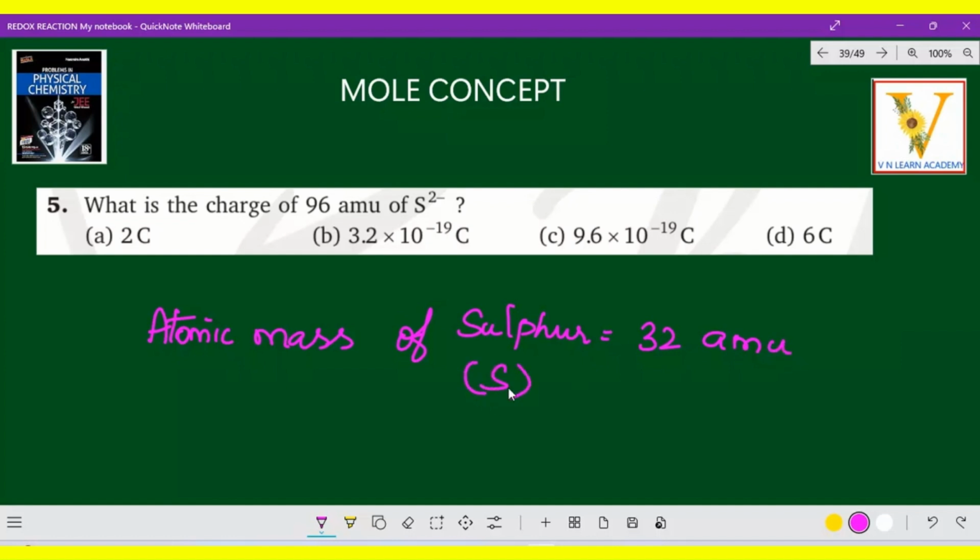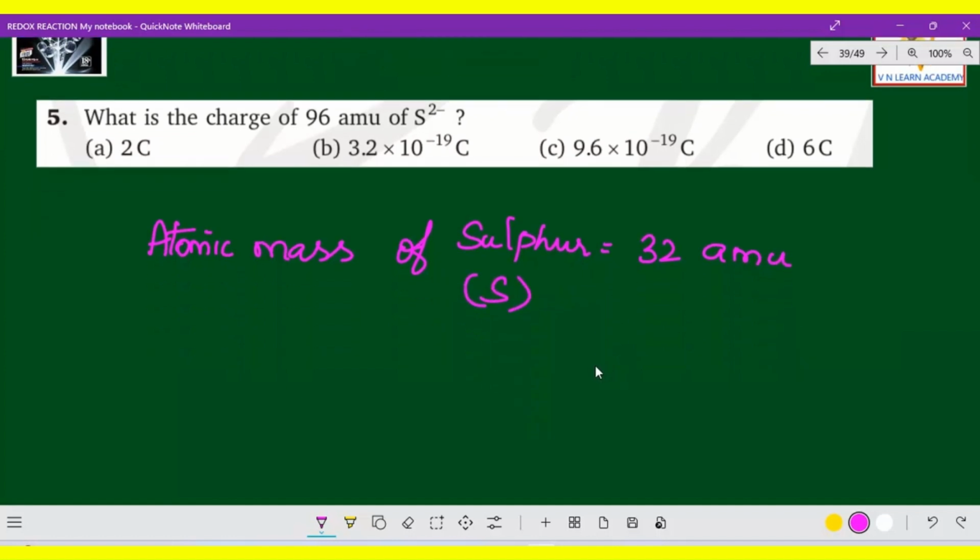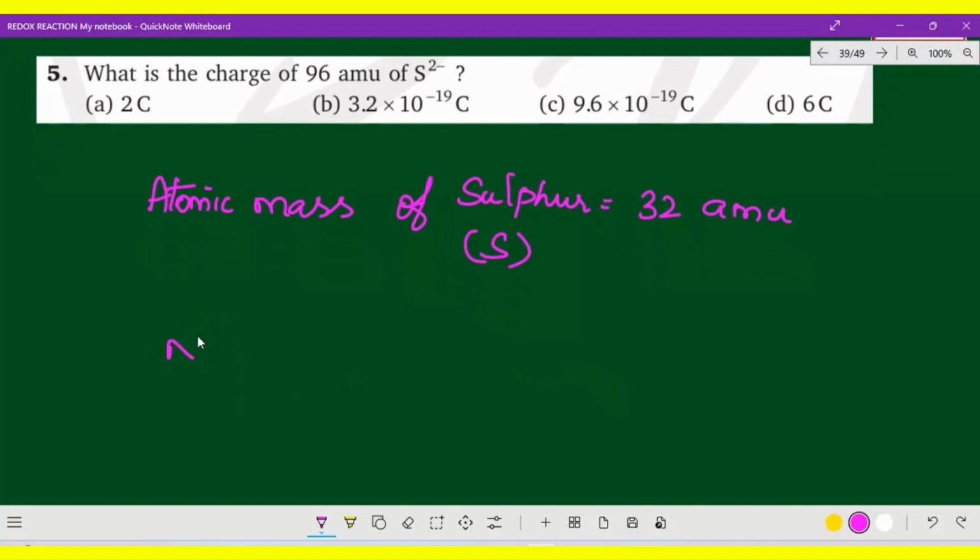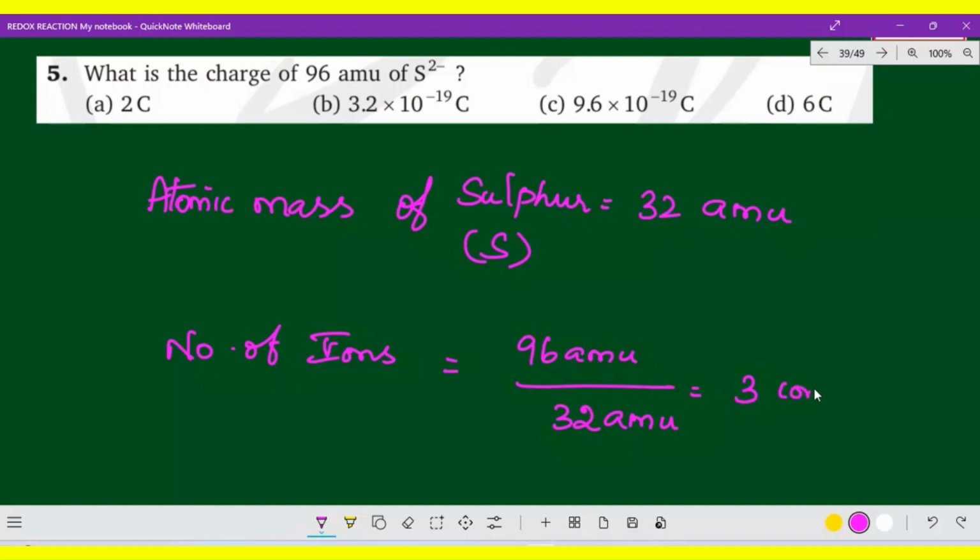Now, number of ions: how do we identify? That is given mass by molecular mass, also the number of moles. Here the given AMU is 96 AMU, and the atomic mass is 32 AMU. So you will get how many ions? 3 ions, right?